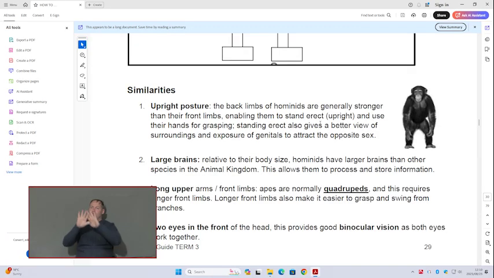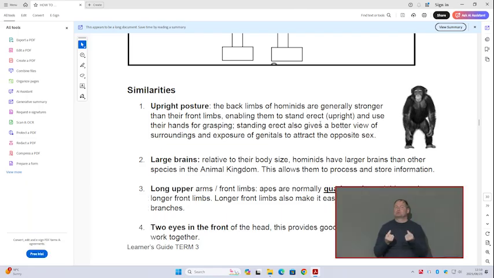It also gives an exposure of the genitals to attract the opposite sex, and it also gives us a better view of the surroundings. The mistake that learners make when they give the advantage of the upright posture is to say we share the characteristic upright posture for us to be able to view our surroundings.